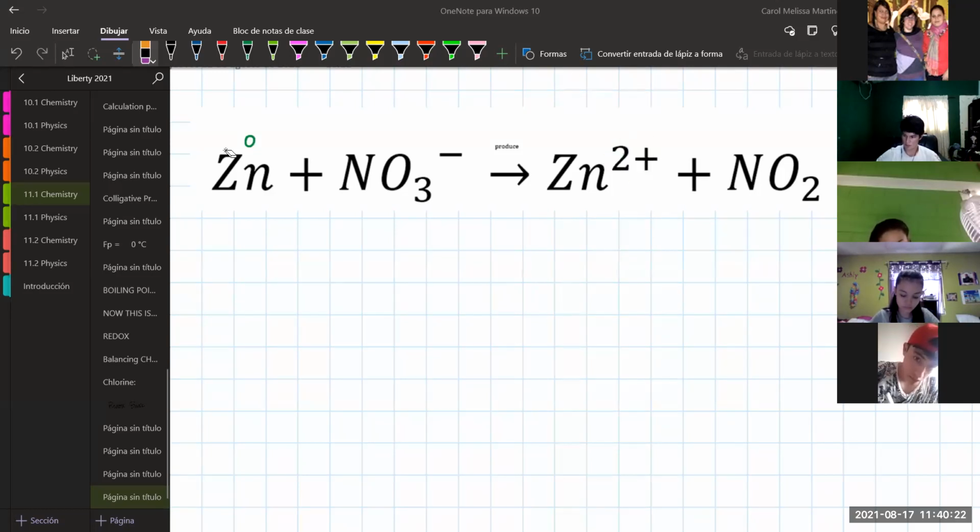In this case, the zinc, the only element that is there, is equal to the charge of positive 2. So this is the charge of zinc. The other charge that is known is the charge of oxygen. I have oxygen in the two sides, and I know that the charge of oxygen is negative 2.